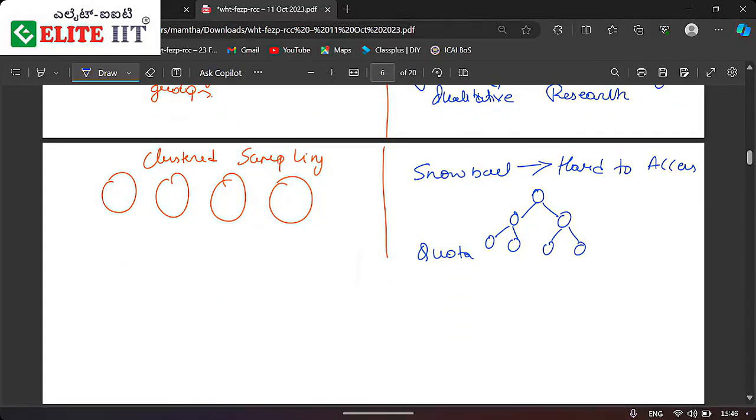The next one is quota sampling. Basically you select predetermined numbers or a predetermined portion of the units. You will prepare a quota over here. While preparing a quota, you divide the population into mutually exclusive characters. Mutually exclusive in the sense that they are not related, that means the character of each group is entirely different.